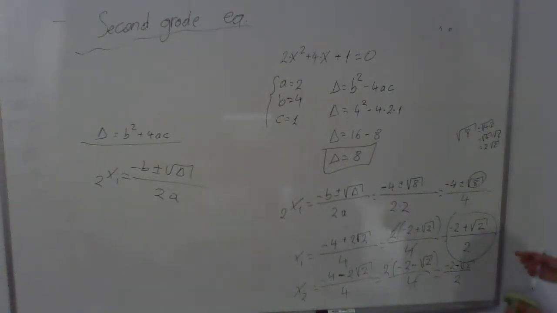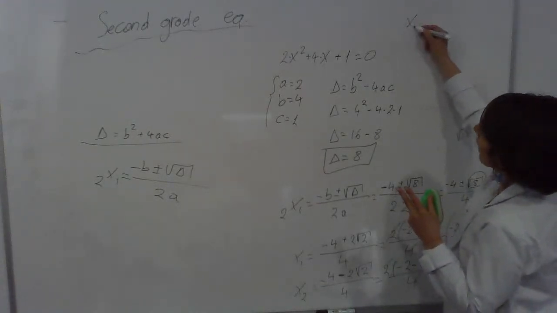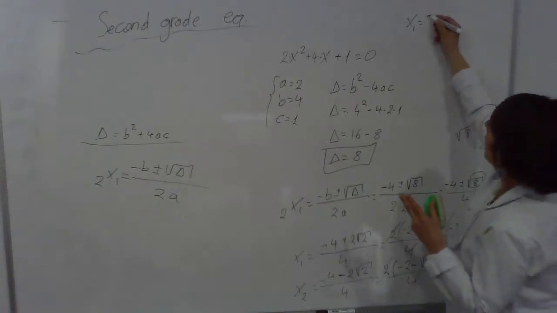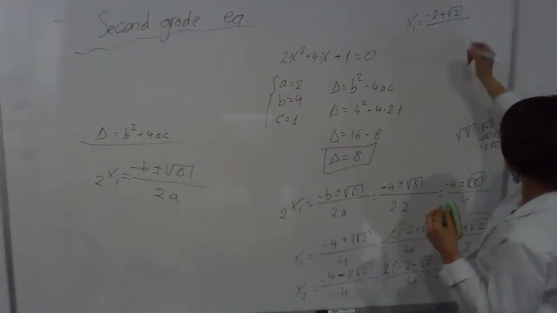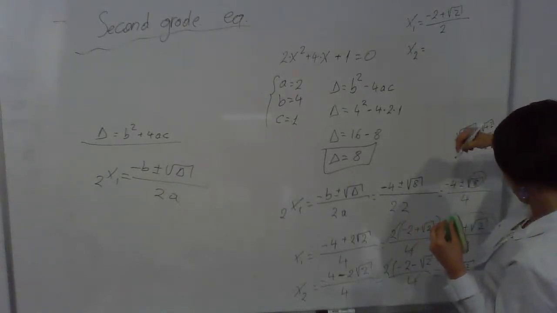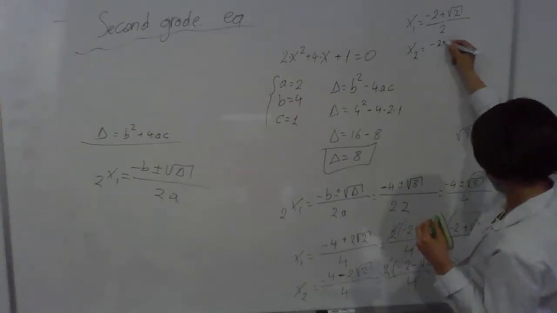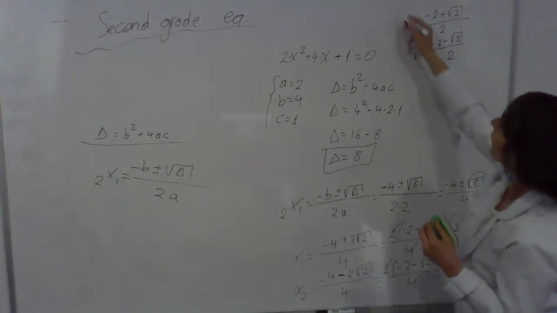So in the end, my two solutions in this case are x1 equals minus 2 plus the square root of 2 over 2, and x2 equals minus 2 minus the square root of 2 over 2.